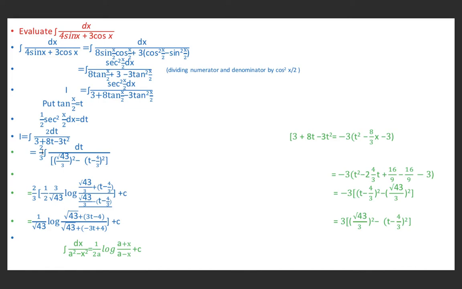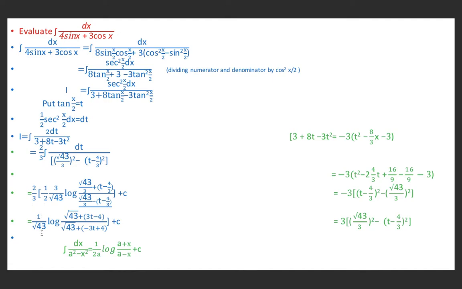So this will be this 1 upon 3, 1 upon 2a. a is under root 43 upon 3, so under root 43 and 3 will go in the numerator, log of under root 43 upon 3 plus t minus 4 upon 3, because it is a plus x. So a is under root 43 upon 3, x is t minus 4 upon 3. And in the denominator, a minus x, under root 43 upon 3 minus t minus 4 upon 3, plus c. c is the constant of integration. So here this 2 and 2 will cancel out, this 3 and 3 will cancel out.